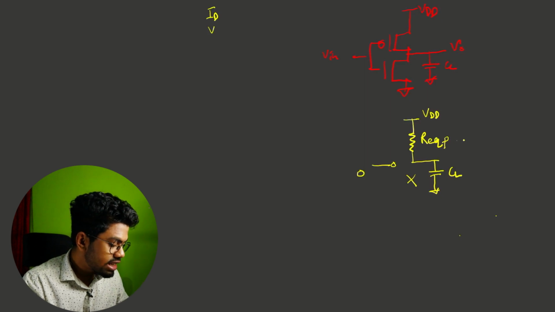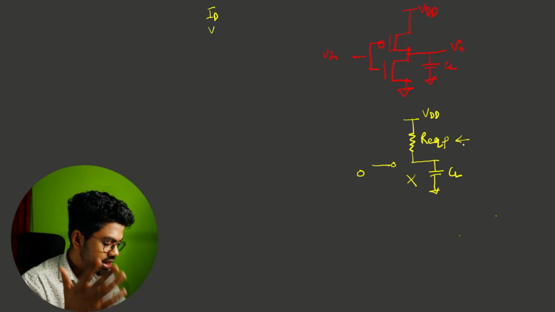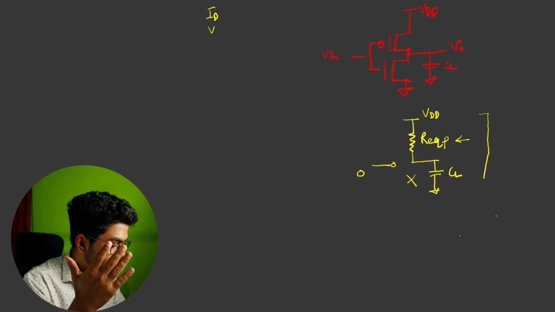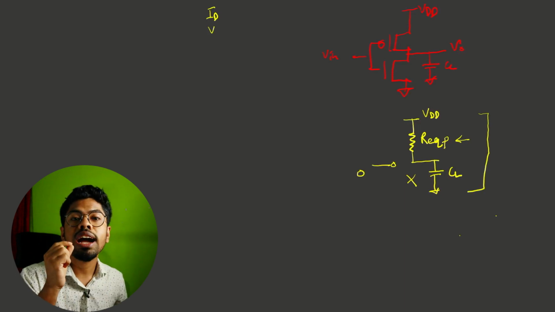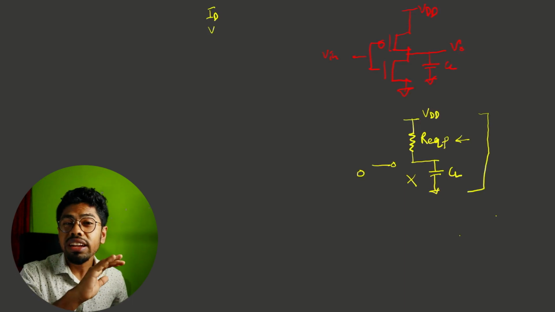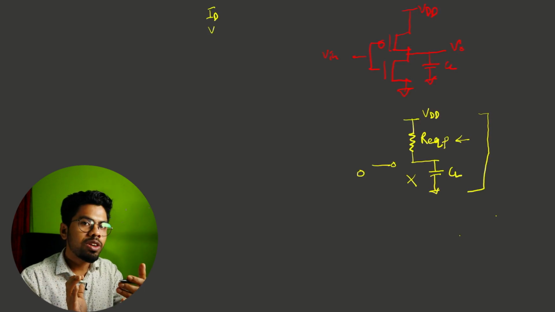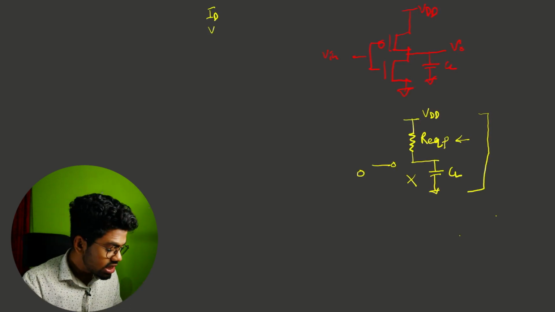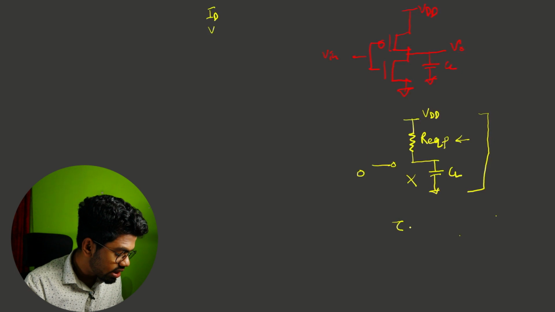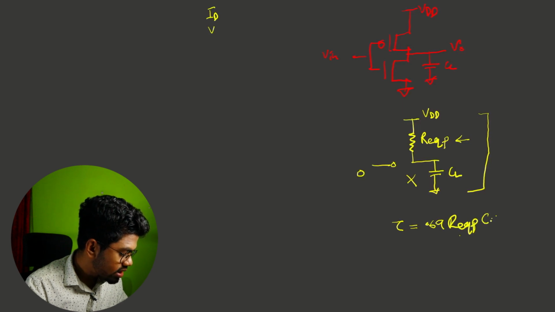So right now just assume that we can find that. This circuit is nothing but an RC circuit, right? And if you remember your concept of an RC circuit, the charging time, the delay tau, would be 0.69 R equivalent P and the CL.